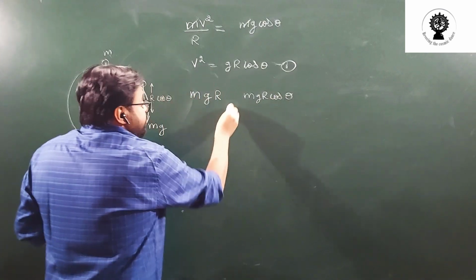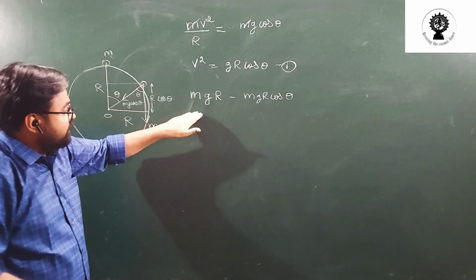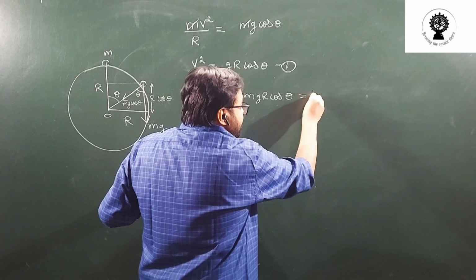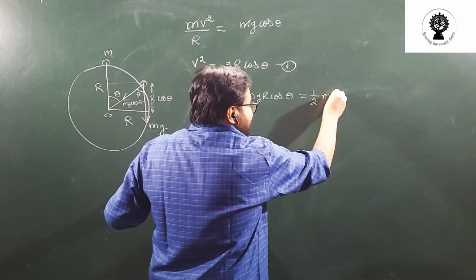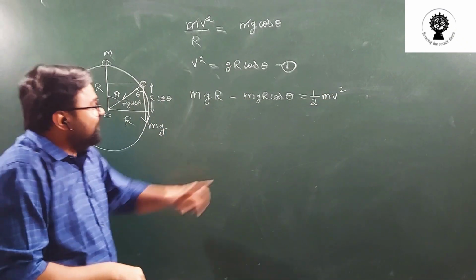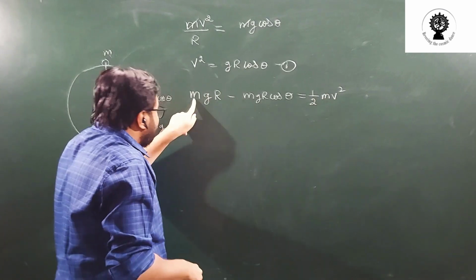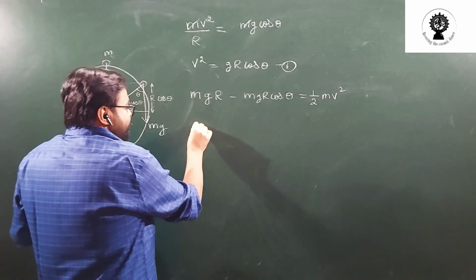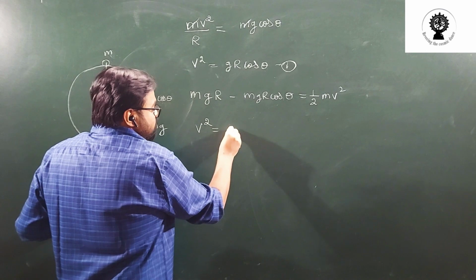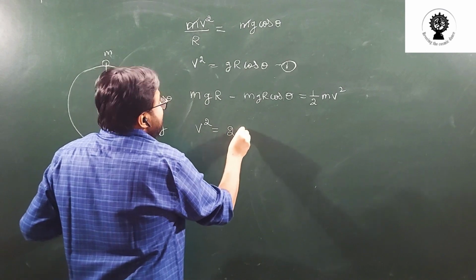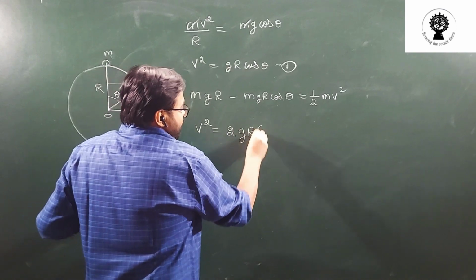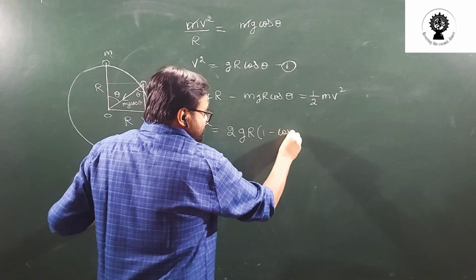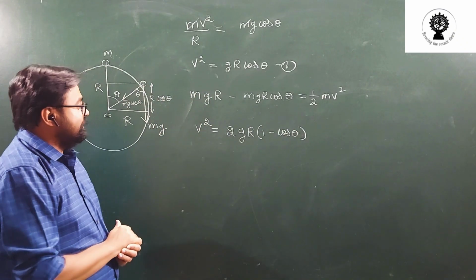The difference in potential energy has transformed into kinetic energy, half mv squared. Now, if you cancel out m from this equation, then you will have v squared is equal to 2 into g into r into 1 minus cos theta. Let me call that equation 2.